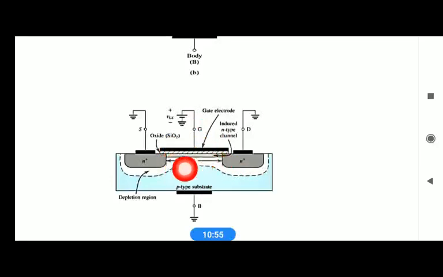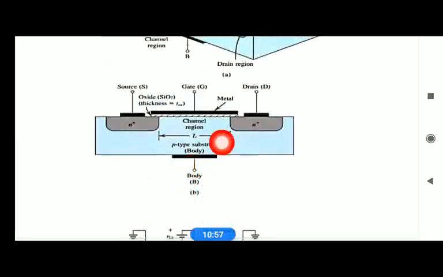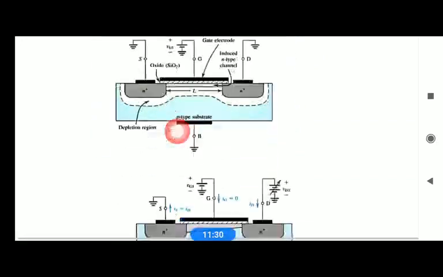This channel is P type, and the metal and oxide above give you the gate capacitance. This gate capacitance has various types: when the transistor operates in the triode region, in the saturation region, and in the cutoff region. Those we will see later.